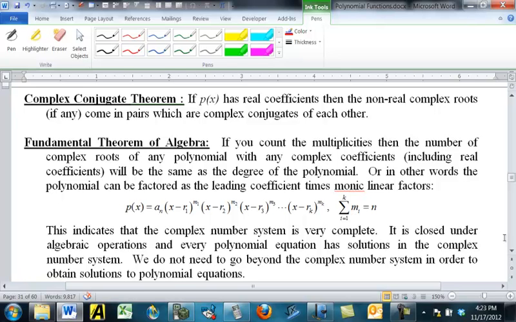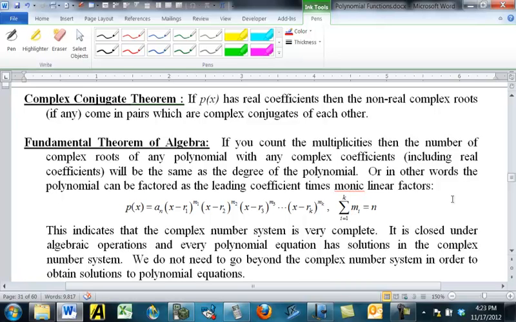Okay, so you have your leading coefficient right here, and then you might have a bunch of factors: x minus root 1 to some power multiplicity 1, x minus root 2 to some power multiplicity 2, and so forth. And so you have k distinct roots, and if you add up all these multiplicities, that's what this sigma means over here, it's the same as the degree of the polynomial. So the fundamental theorem of algebra is a really powerful thing.